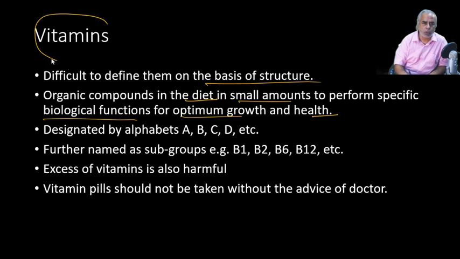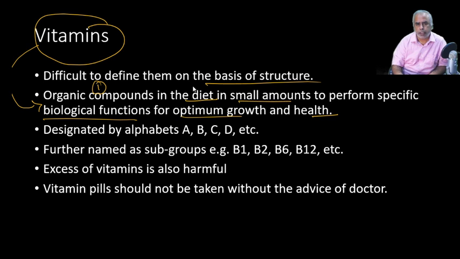So what are vitamins? Vitamins are organic compounds in the diet. They are required in small amounts to perform some specific biological functions, for what? For optimum growth and to maintain health.